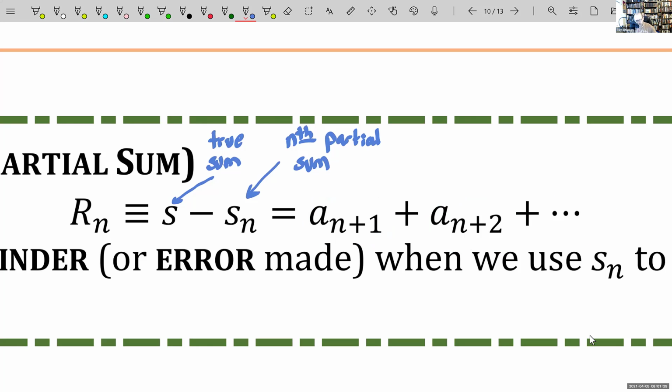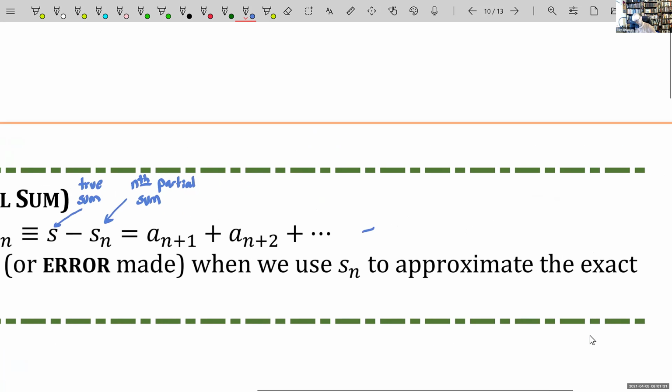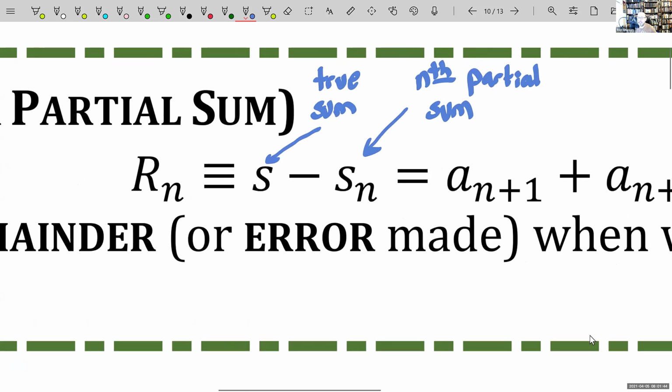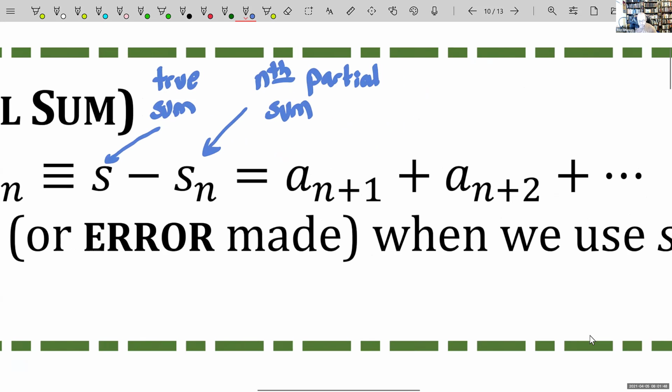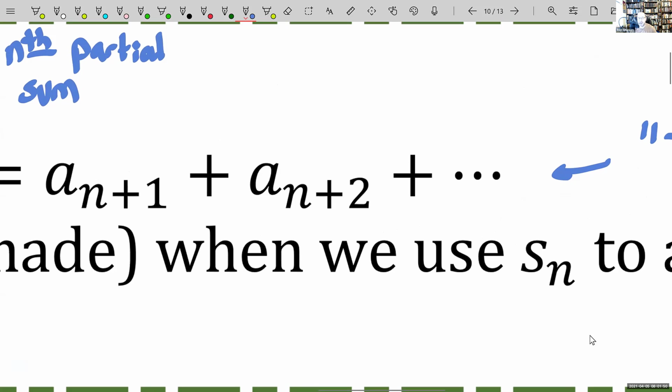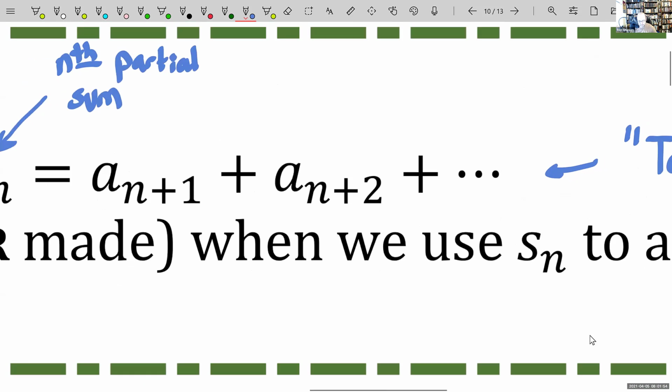This is also known as the tail of the series, because you basically have lopped off the big chunk, the beginning, the first 20,000 terms, and you're left with actually a massive list at the end, the 20,001st to infinity term that you're adding up there.